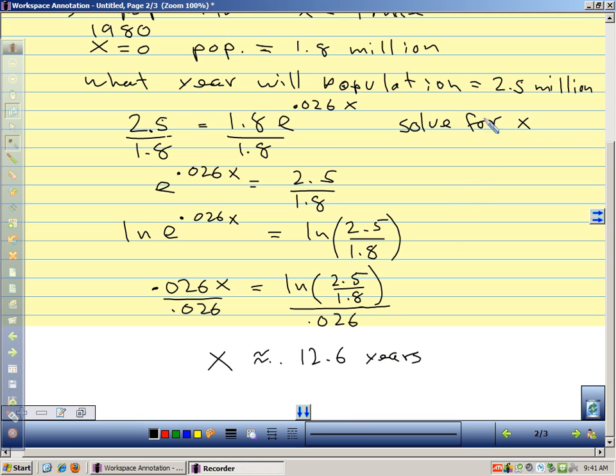So our population would reach 2.5 million in about halfway through 1992. We add 12.6 to 1980. Questions on that? Yes? Where did you know the 1980 came from? The problem would give you that t equals 0, our first measurement, corresponds to the year 1980.